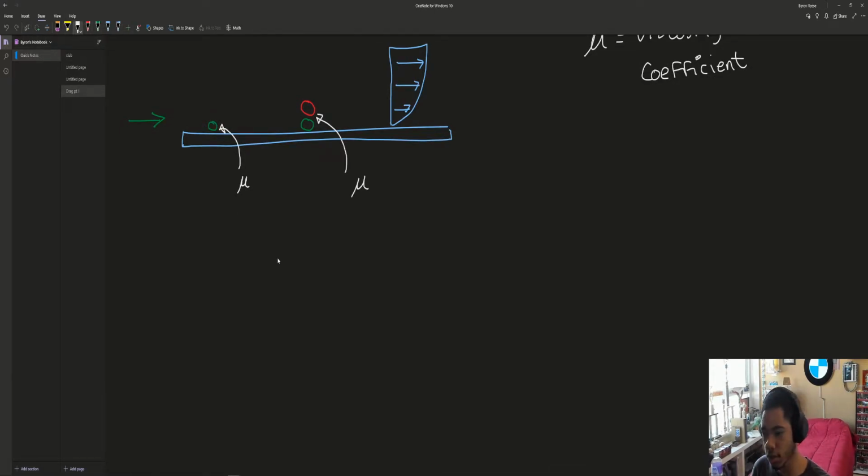Alright, first equation of the day. It is the coefficient of friction, or skin friction, and we write it as tau over Q, or tau over 1/2 rho V squared.